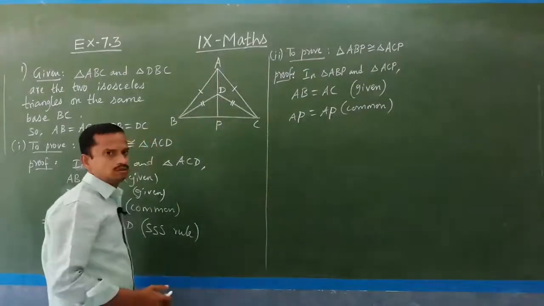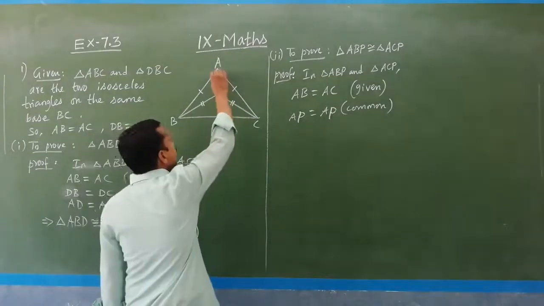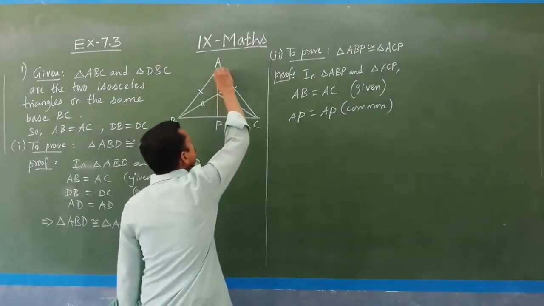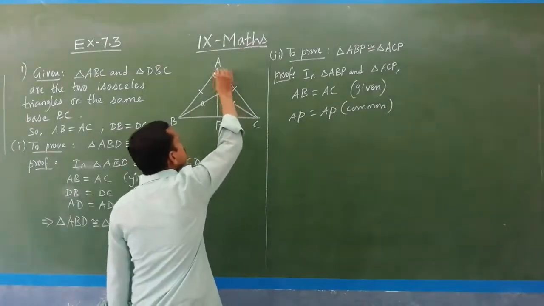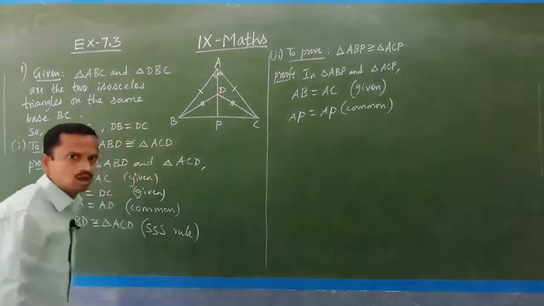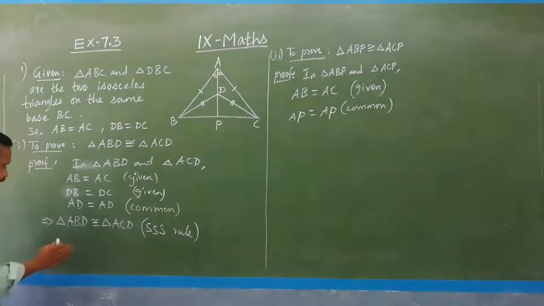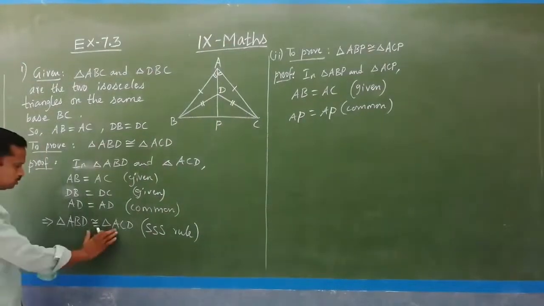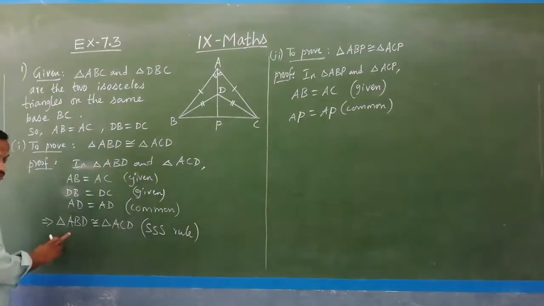And one more thing, we can take these 2 angles, but you have to say these 2 angles are equal. How to say? Because in the previous proof the triangles ABD and ACD are congruent.